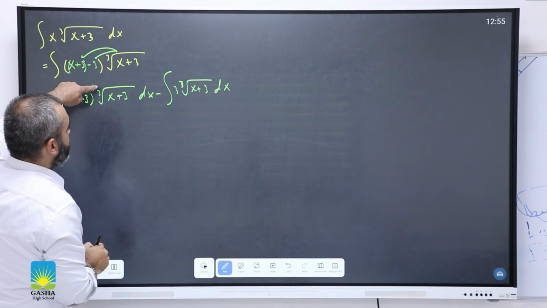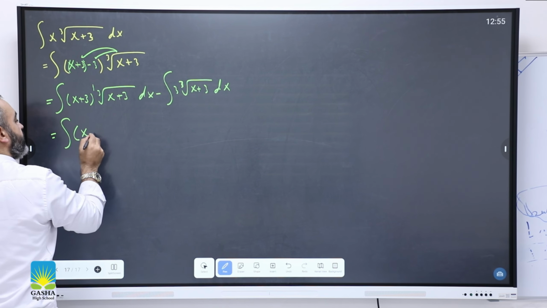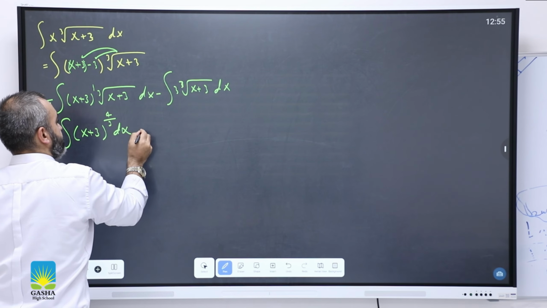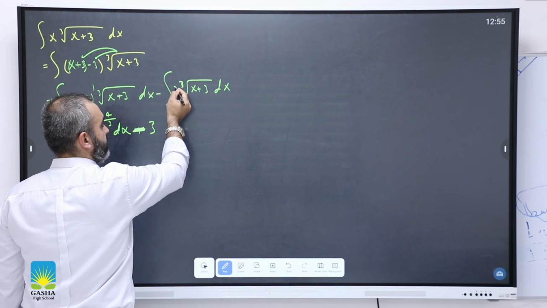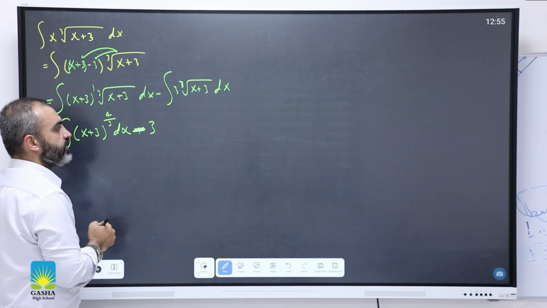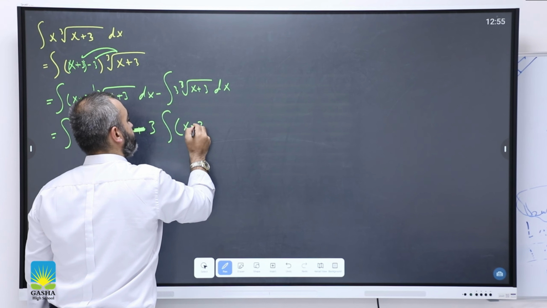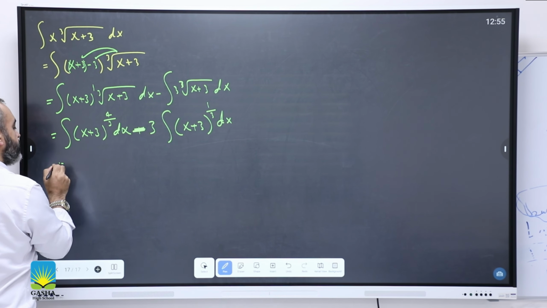What about the powers? We add the powers: the integral of (x plus 3) to the power of 4 over 3 dx, minus, sorry, this is 3, and the 3 goes outside the integration, the integral of (x plus 3) to the power of 1 over 3 dx, right?